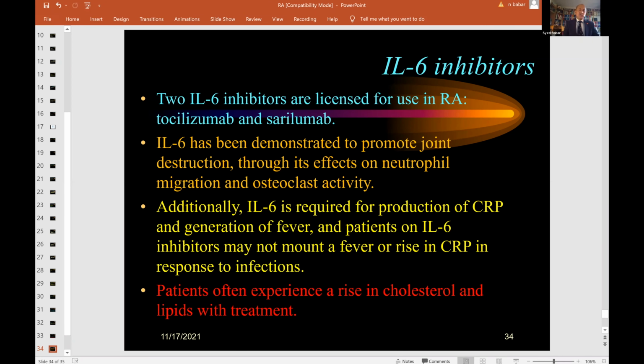It is generally not used for the minor versions of rheumatoid arthritis. And because it stops the development of CRP, the inflammatory marker is artificially lowered. So finding of low CRP is not a measure of improvement of the condition, but blockage from the interleukin-6 inhibitor.